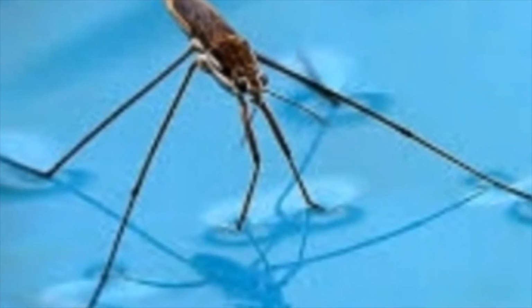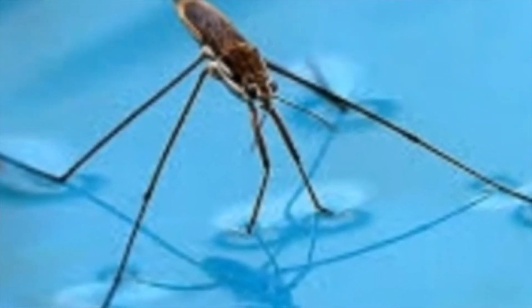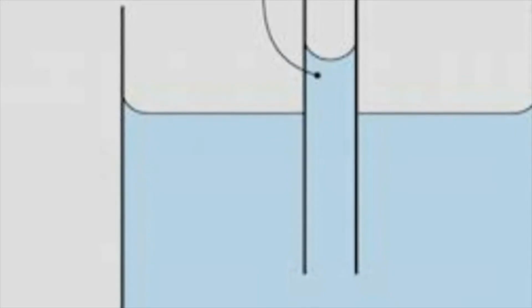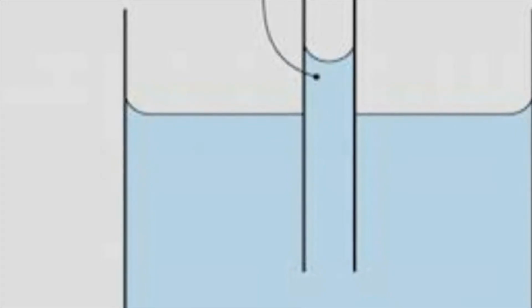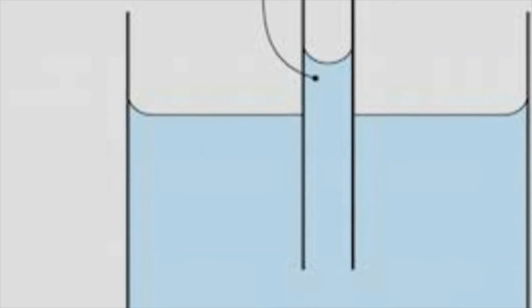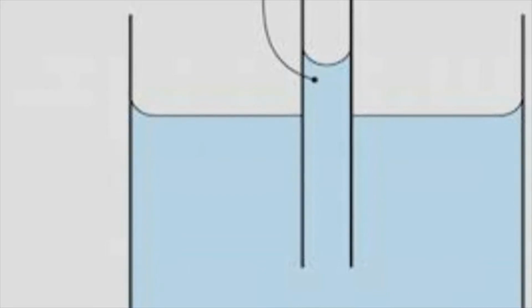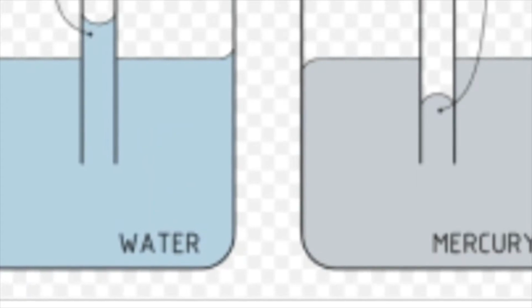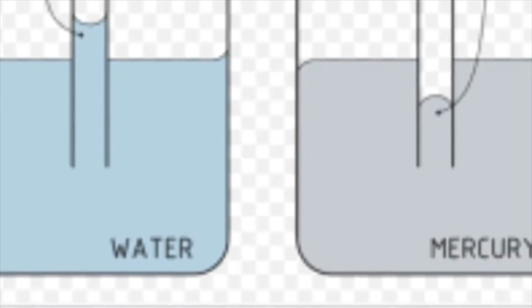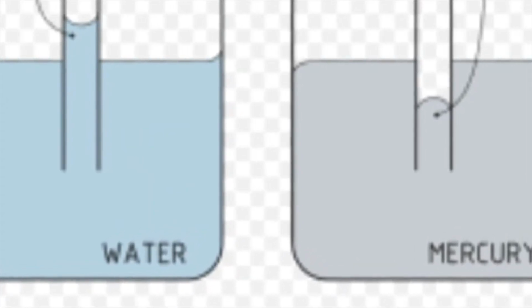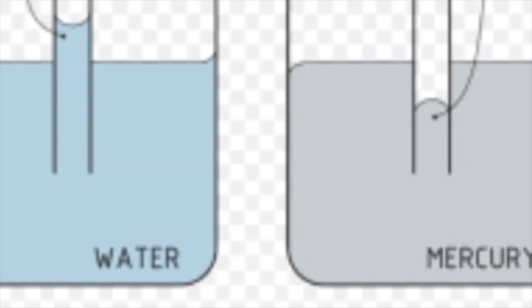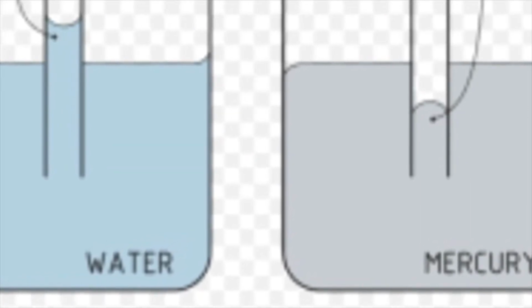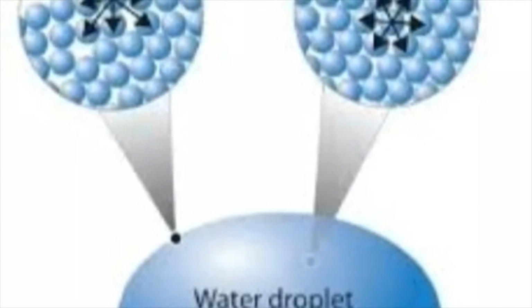It has to be stretched because, as you studied in mechanics, whenever an object experiences unbalanced forces, it has to be tensed. That's what is happening in the fluid, which is the surface tension.